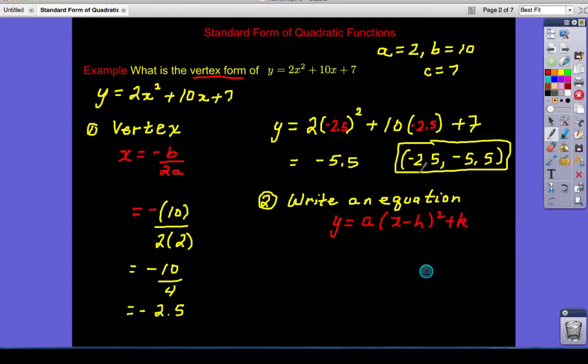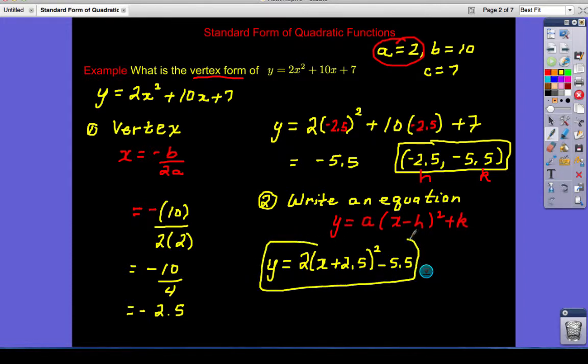Here's h, here's k, and we already have a. That's a nice thing. So just substitute: y equals, our a value is 2, times the quantity x plus 2.5 squared, minus 5.5. And that is my vertex form. So any standard form equation can be written in vertex form.